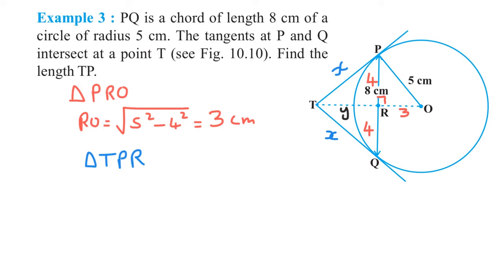If this is 90 degrees, this also is 90 degrees. So TPR happens to be a right angle triangle.